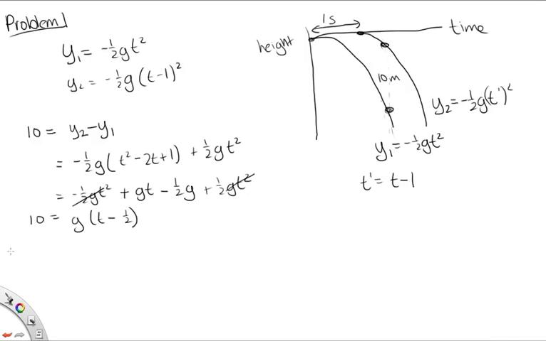You can look that up on your data sheet. So we've got t minus a half is equal to 10 over 9.8, which is approximately 1. So this is equal to 1, and so t is equal to 1 plus a half, so 1.5 seconds. And that's the answer to this problem.